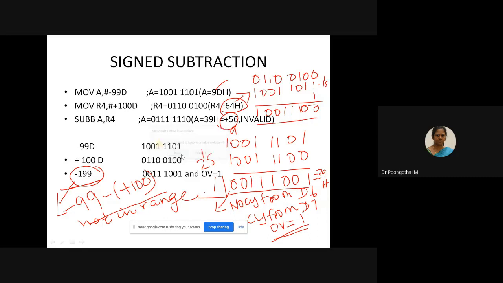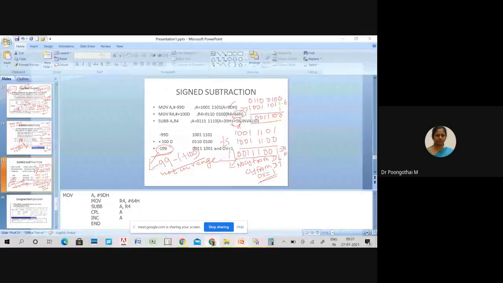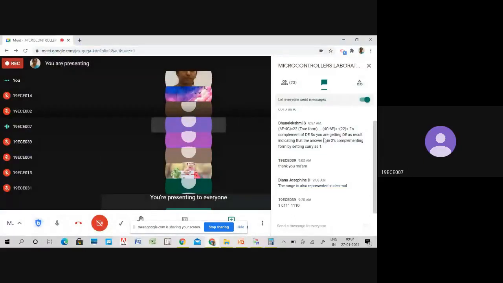Is that clear, ma? Understood? Yes, ma'am. Ma'am, what will happen if we take the 2's complement of the answer? Now, during unsigned subtraction, based on the carry flag we can incorporate our 2's complement instructions. But in the case of signed numbers, sometimes it will work out.